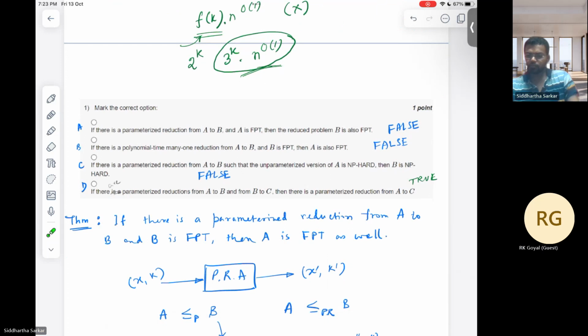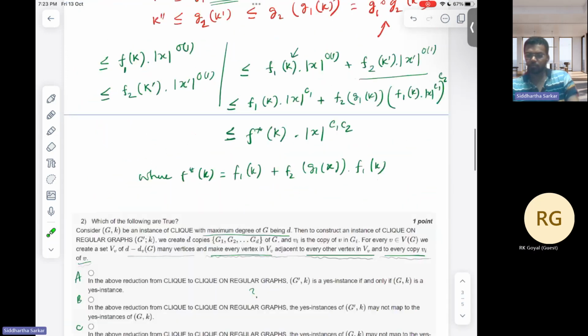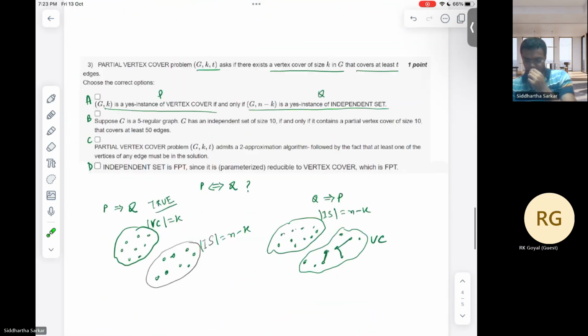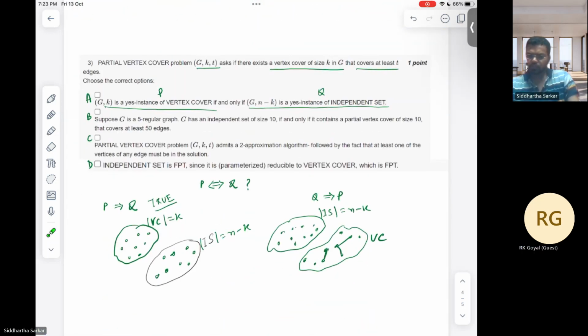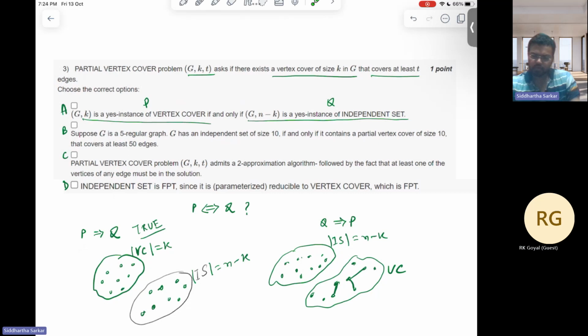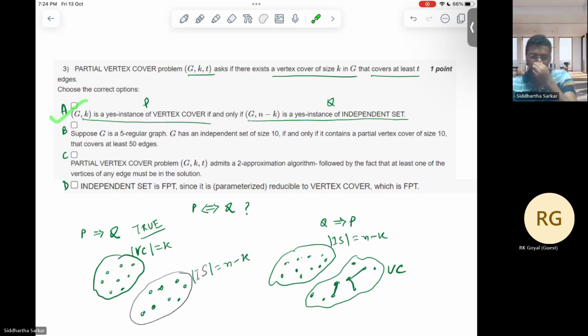So let's look at the problem that we were solving, the third question. You already know, we already discussed the first one in the last session.